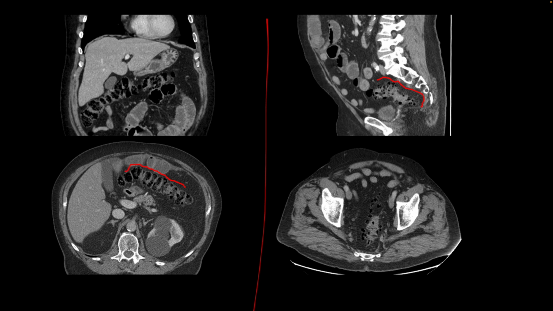So haustra are physiologic and they are separated from each other or are at equidistant in the colon, and diverticuli are predominantly in the distal colon. They are small outpouchings that are randomly located and can rupture or get inflamed, causing diverticulitis and subsequent complications. So it's important to differentiate on imaging between haustra and diverticuli.